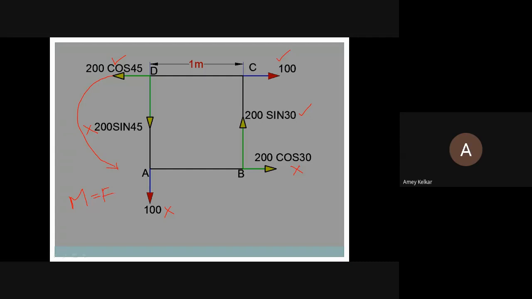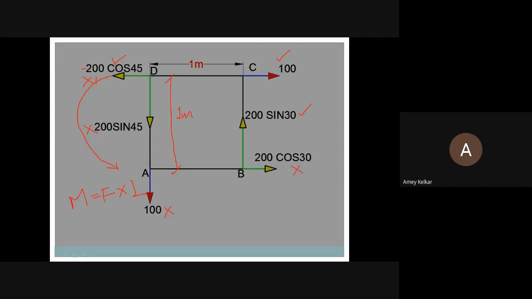Force into perpendicular distance. With respect to this horizontal force, this 1 meter is the perpendicular distance. So the moment of this force, anti-clockwise, is minus 200 cos 45 into 1.